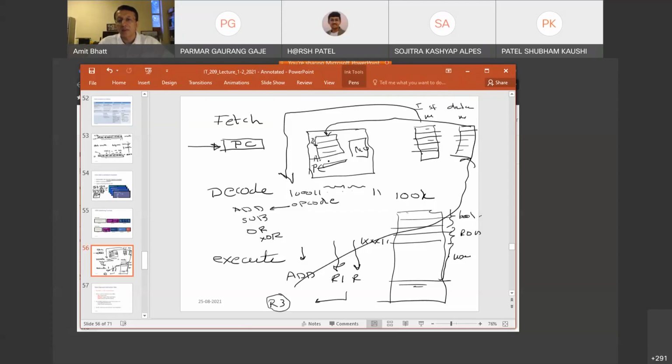Sir, how does the decoder separate the opcode, R1, R2 in such instructions? Okay, so that actually comes to the implementation part. I wanted you to design a processor this time, but I don't think we'll be able to do it now.